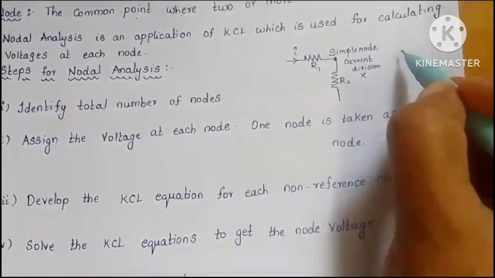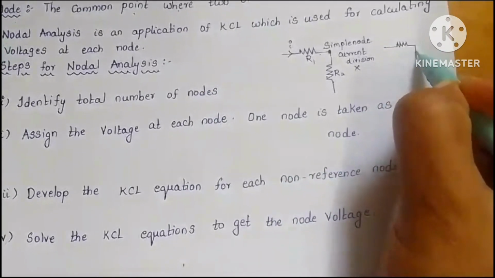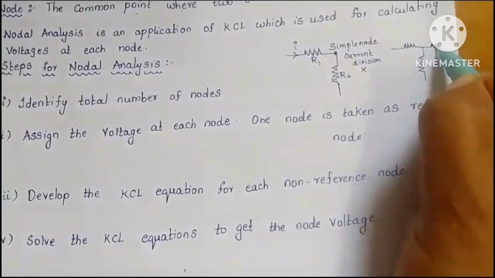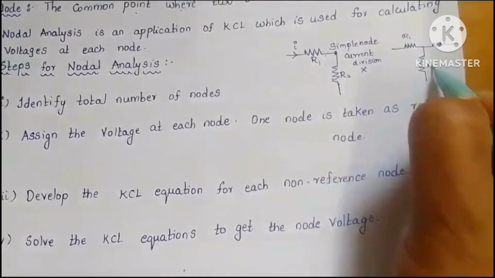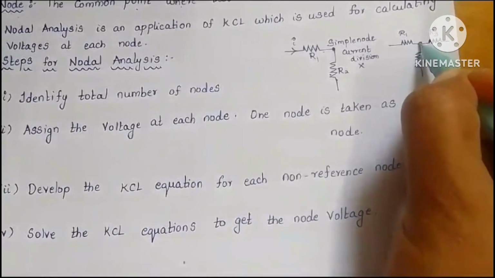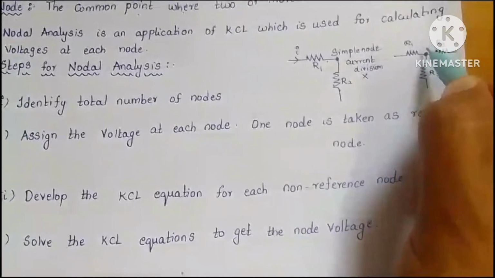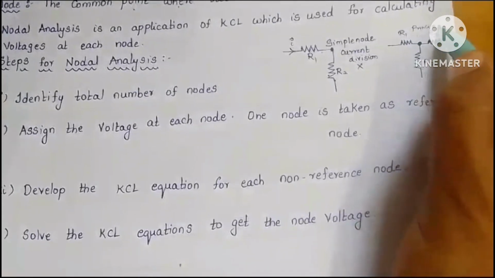Therefore, if we are connecting more than two elements, that is, R1, R2 and R3, when we have connected three resistors, the intersection point of these three resistors is known as a node. This node is known as a principal node.